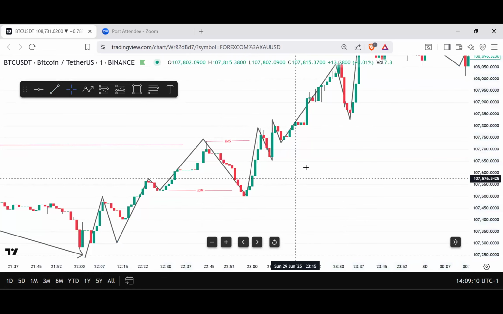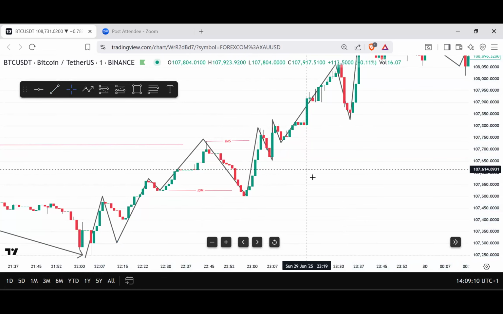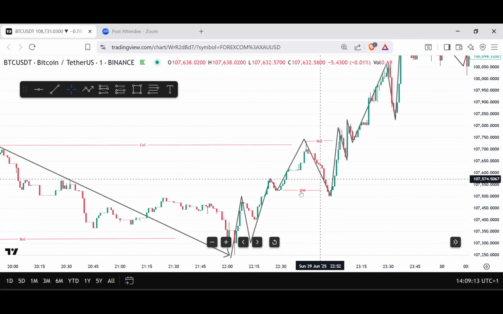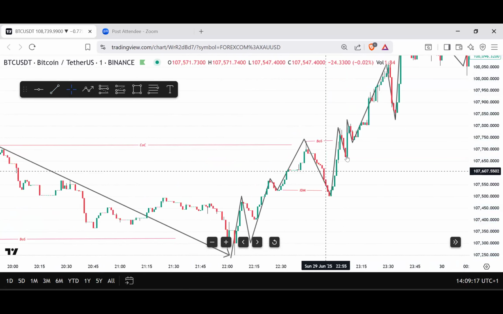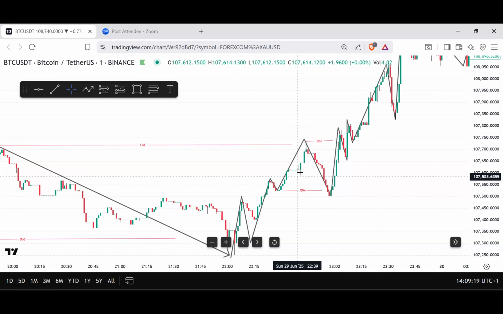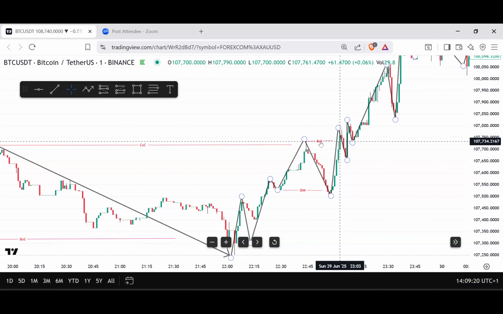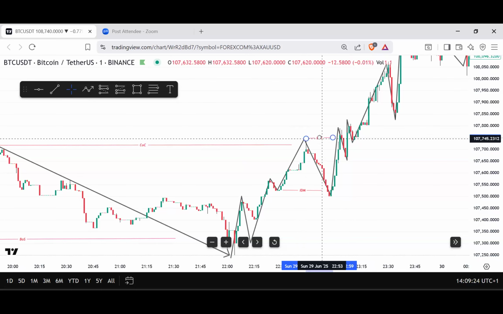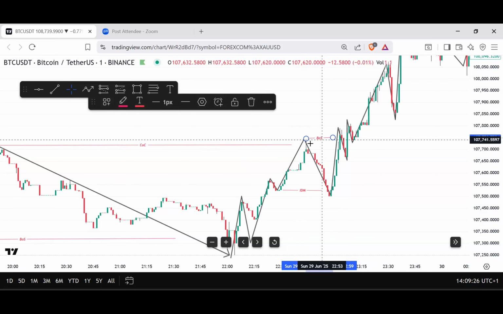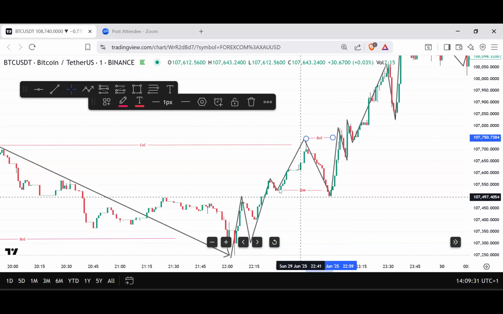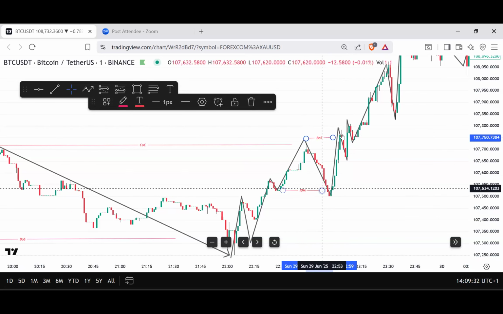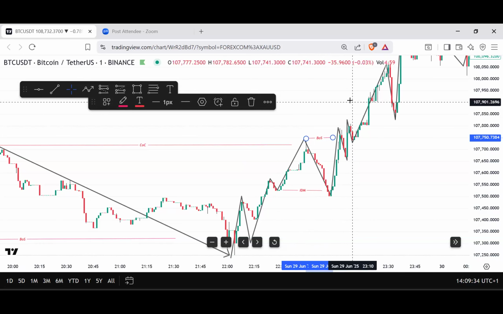Even after the change of character happened, is it in all cases that inducement can happen? We must see inducement for this break of structure to happen, see the price take the inducement and continue up.